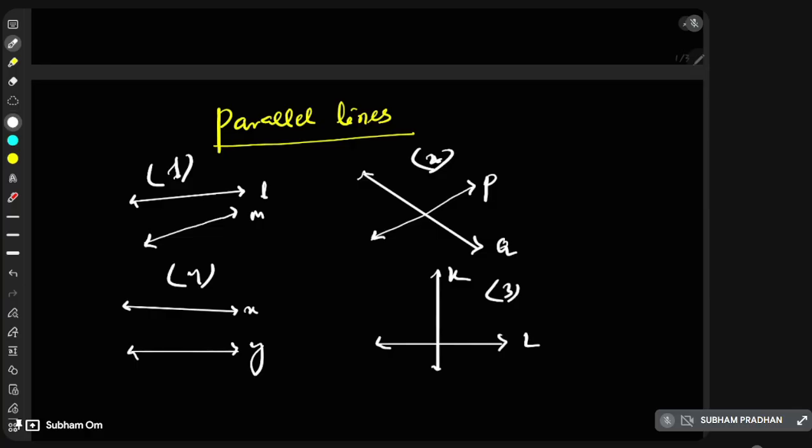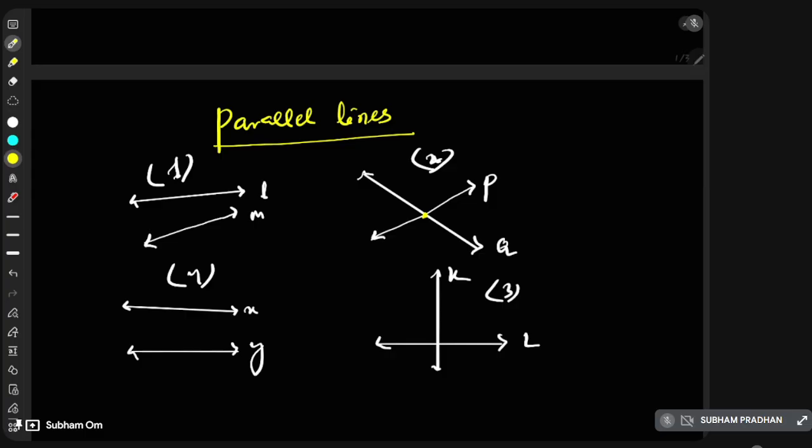We will discuss line L and M later. First, if we see line P and line Q, we see that these two lines are intersecting each other at a particular point.